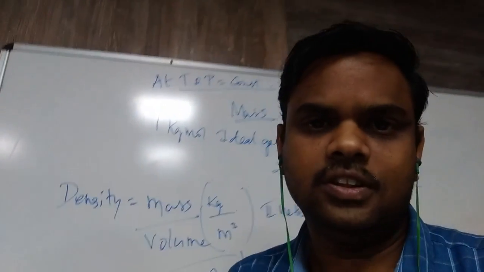We are going to make use of this in the problem. So whenever volume percentage is given, we can directly use the volume composition as mole composition, or vice versa, we can take mole composition to be volume composition. Okay, we will do a numerical on it.